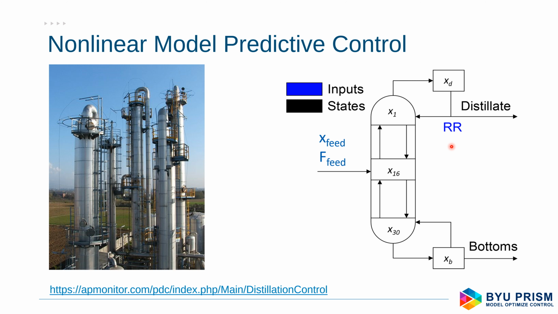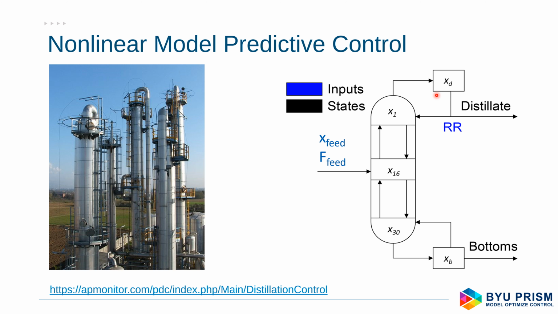So when we talk about optimizing this, you have all of the states, x1 through x30, also the bottoms composition and the distillate composition, and you might have a mathematical model of some sort that relates the reflux ratio to the distillate purity. Once we have those equations, that might be from model identification, it might also be from a physics-based representation of the system, or a hybrid between the two.